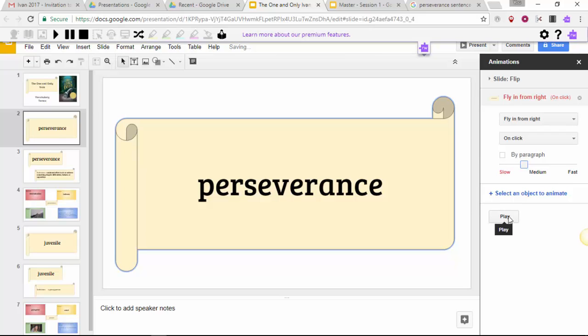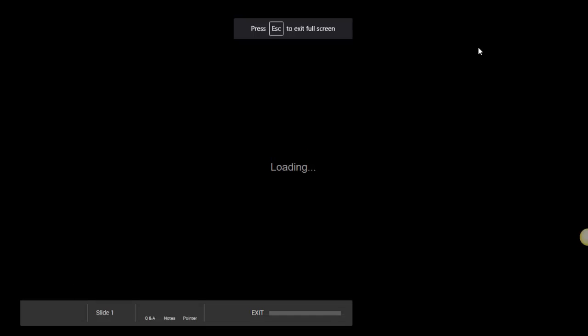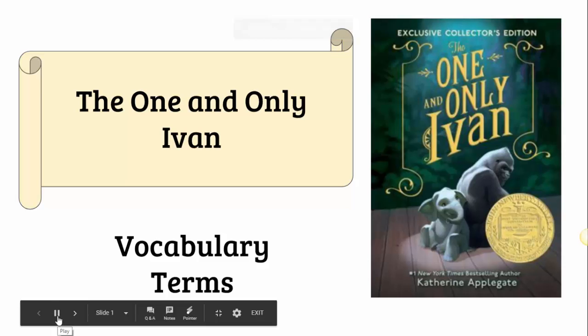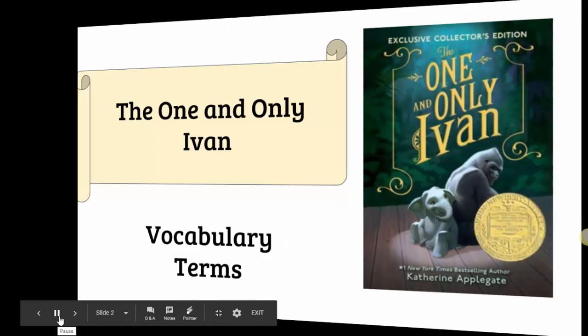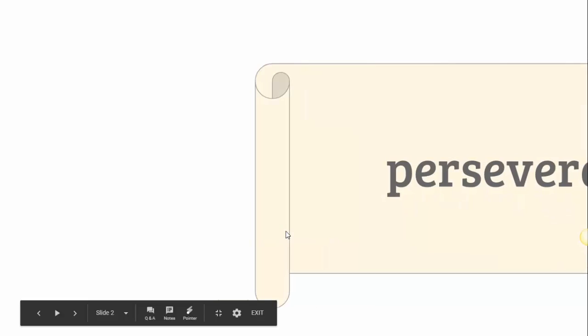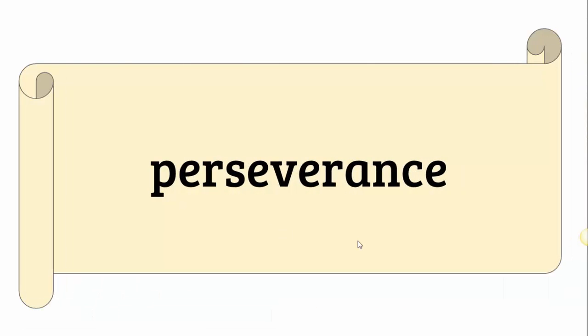So let's just see how that looks. Your students could add various animations throughout the slideshow to make it interesting. I always say, though, less is more when it comes to transitions and animations, but students seem to love them and know them very well.